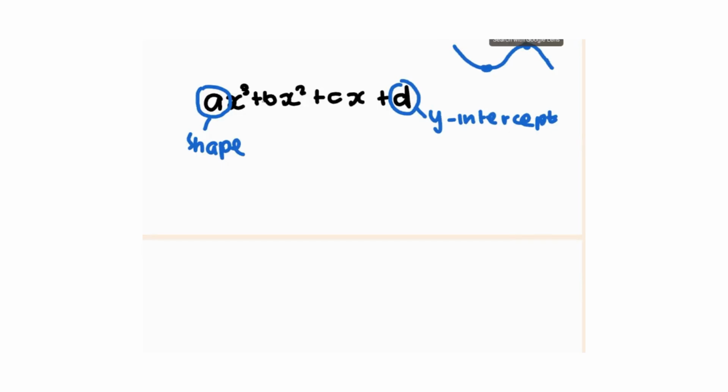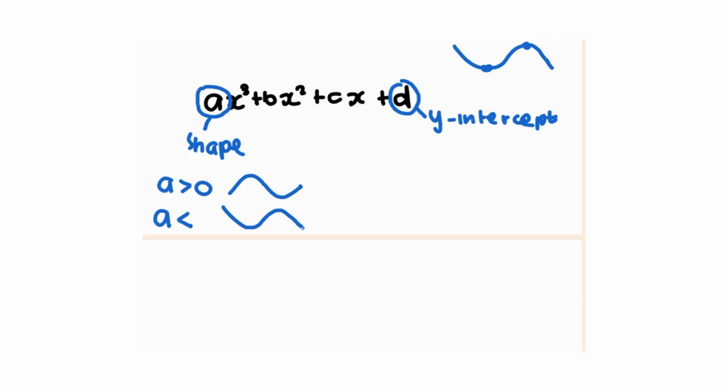If a is greater than 0, if a is positive, you are starting with a local maximum, then a local minimum. If a is negative, you are starting with a local minimum and then a local maximum. So that is how a tells us the shape of your cubic graph.